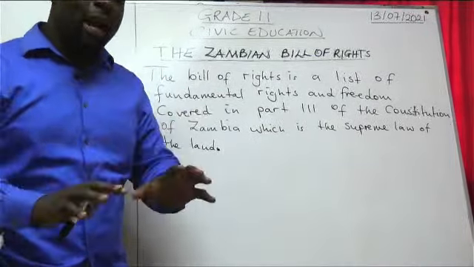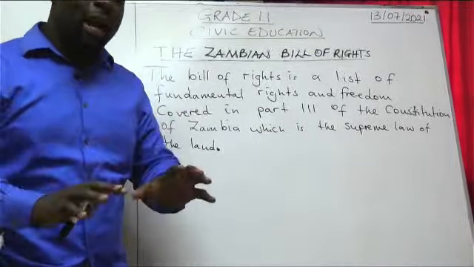You as an individual, especially those watching this lesson who are Zambian, because we have limited ourselves to this topic based on the Zambian Constitution. These are fundamental rights and freedoms covered for you and me in our Zambian Constitution.